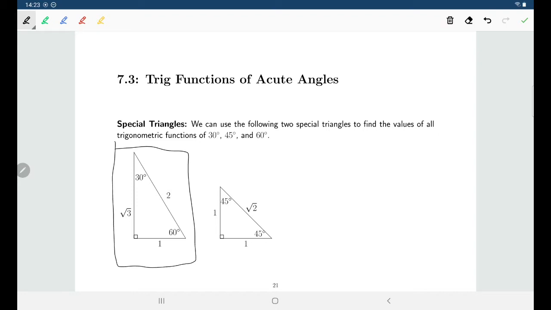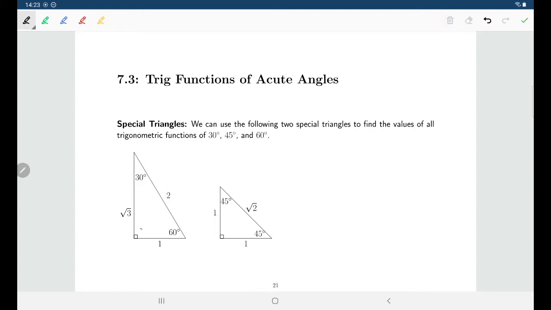One little thing as far as remembering goes: people usually are pretty good at remembering which angles go where and which side lengths go where for the 45, 45, 90 triangle. And often people will get the side lengths and the angles mixed up for the 30, 60, 90 triangle. So the thing to remember for the side lengths is that whatever the smallest angle is, the smallest side is opposite it.